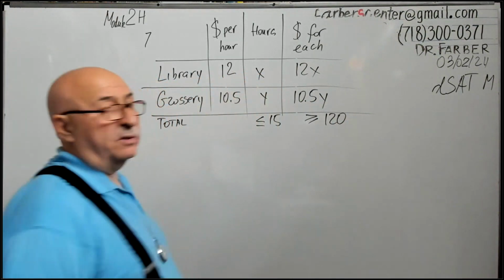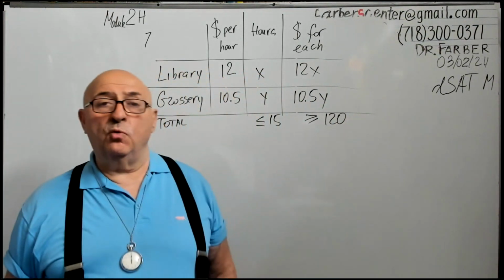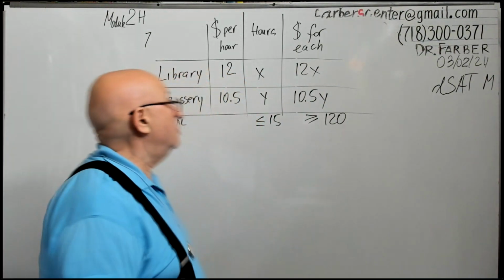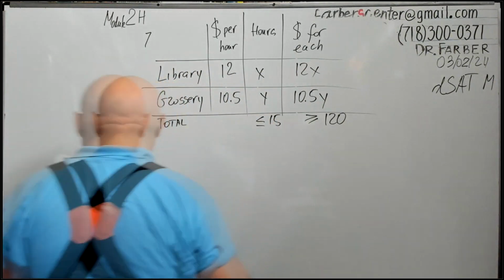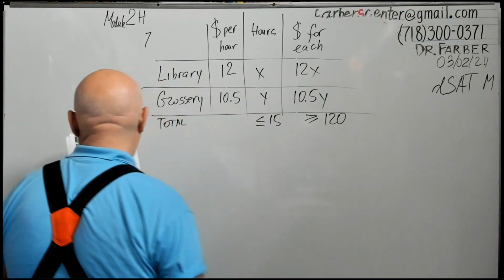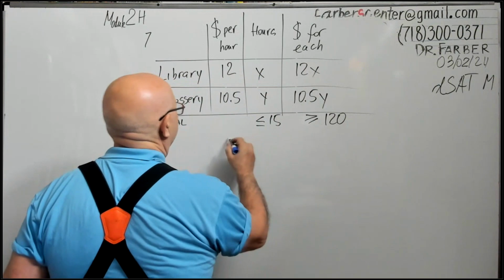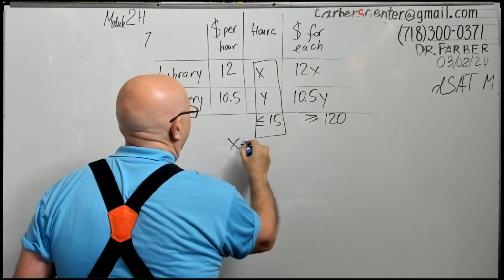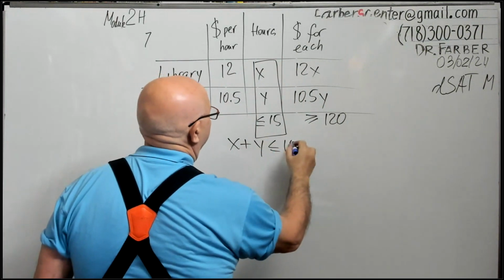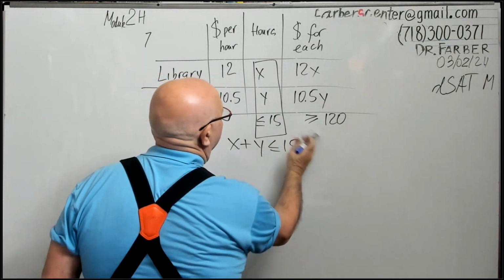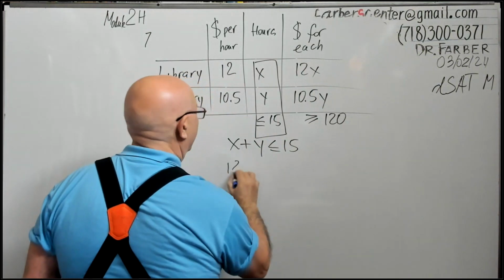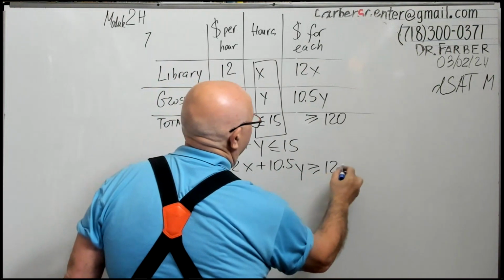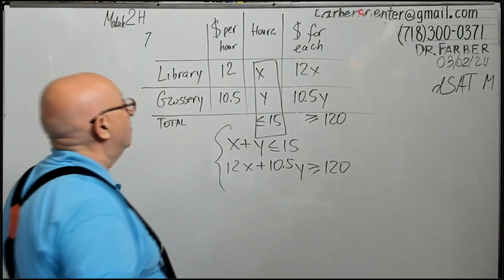When I get this matrix, you can easily write two inequalities. We have x plus y less than or equal to 15, and 12x plus 10.5y greater than or equal to 120. So far, so good.